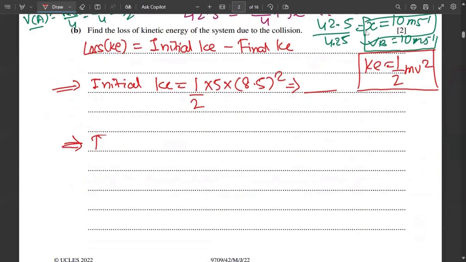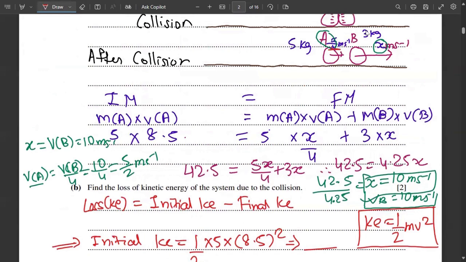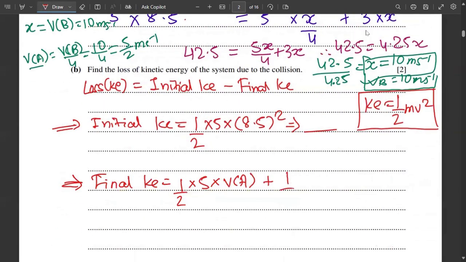Now let's find out the final K. The final K will be half into 5 into the final velocity of A square, plus half into 3 into the velocity of B, which we know is 10, so 10 square.